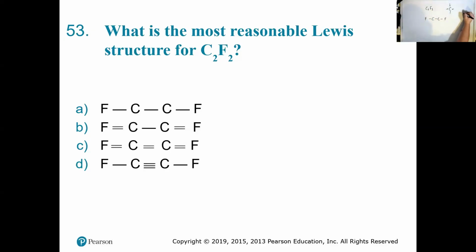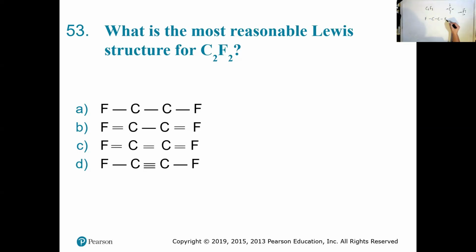Every fluorine is going to come into a compound with 7 of its own electrons. Fluorine's only going to want to form 1 bond per fluorine. So keep that in mind when you're looking at these structures.